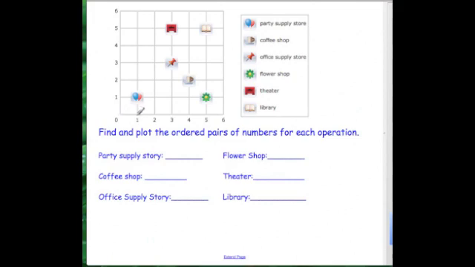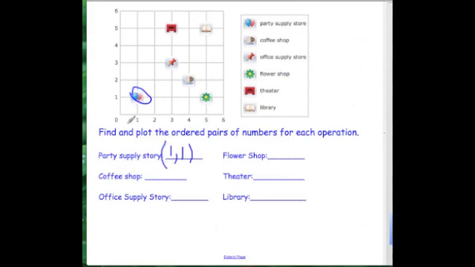So we're going to go over 1. And then for our y, we go up 1. So we can see that the party supply store is at point 1, 1. So we're going to fill in 1, 1, and always put them in parentheses.